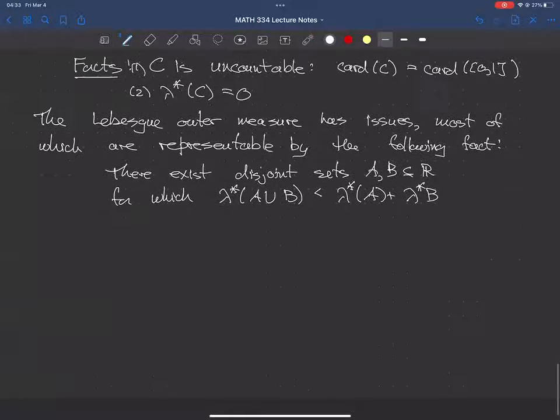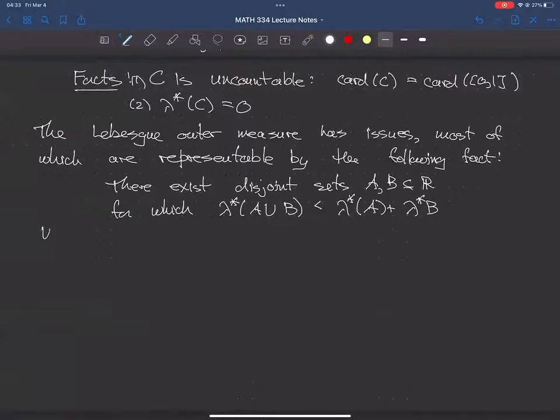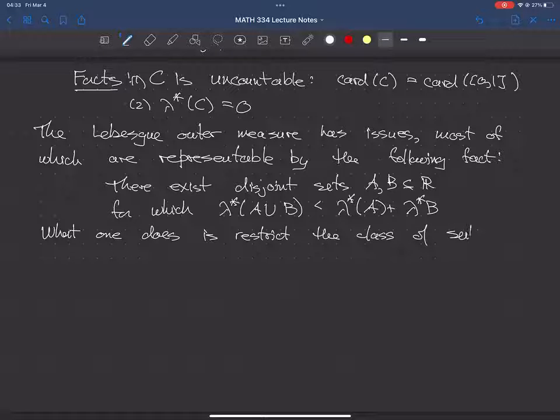So what one does is restrict the class of subsets one measures.